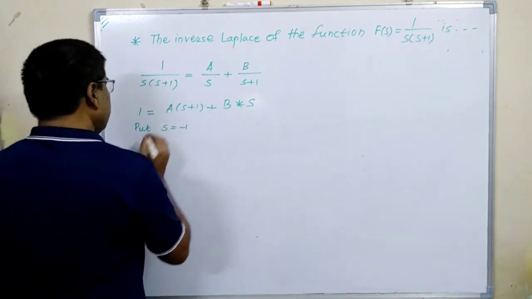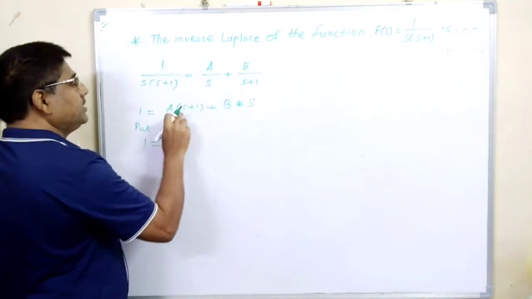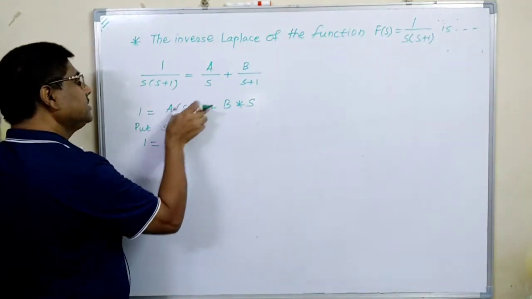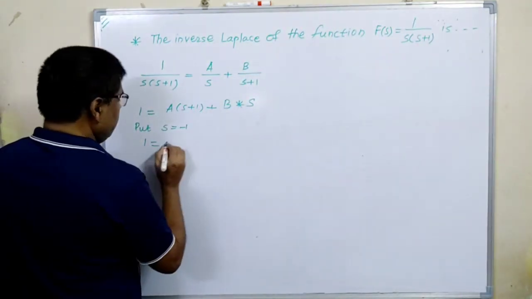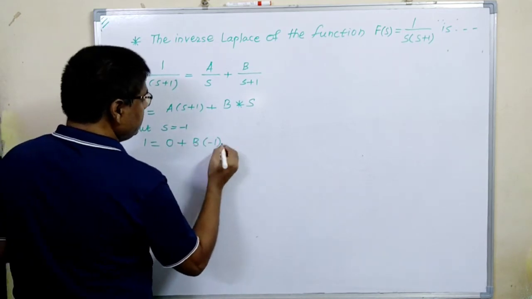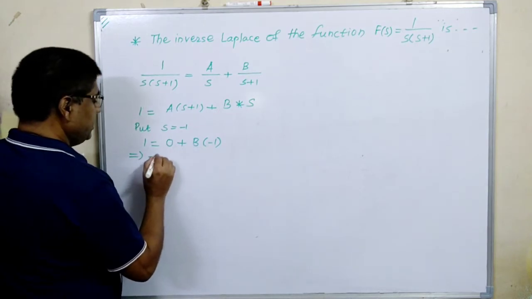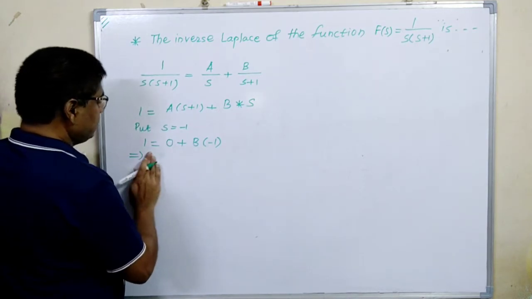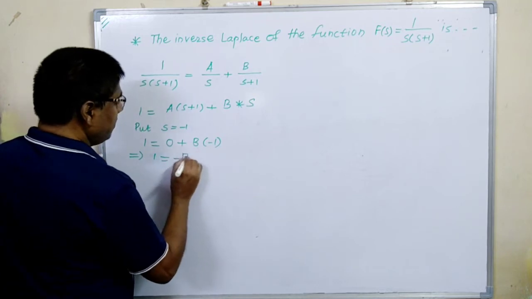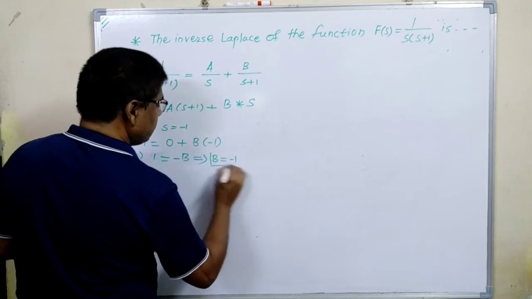What we get? 1 is equal to a into minus 1 plus 1, 0. This entire thing will become 0. 0 plus b into minus 1. This implies 1 is equal to minus b. This implies b is equal to minus 1.